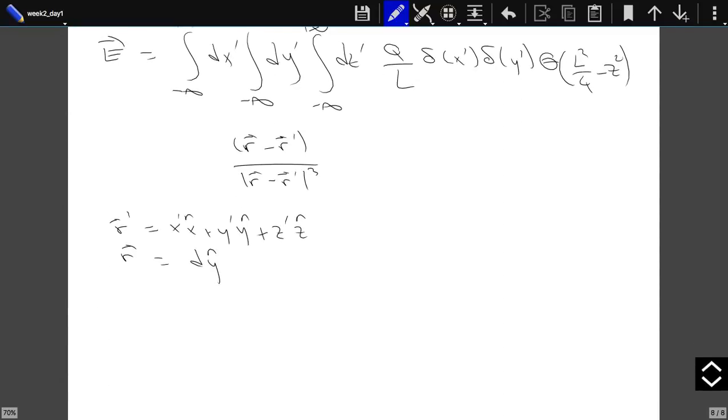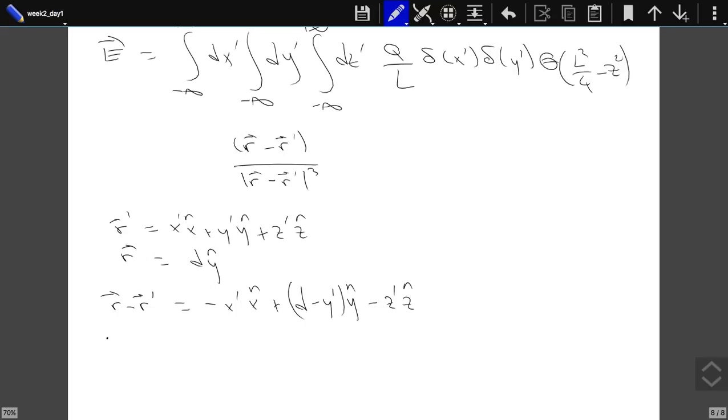Now first let's calculate the magnitude of r minus r prime. The vector r minus r prime is minus x prime in the x hat plus d minus y prime in the y hat plus or minus z prime in the z hat.